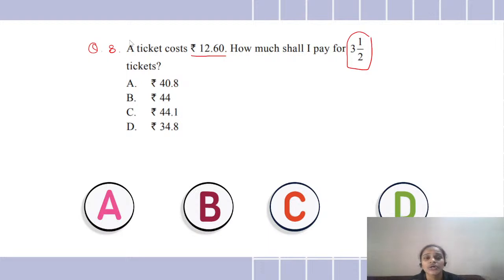What is the cost of 3.5 tickets if the cost of one ticket is 12.60 rupees?